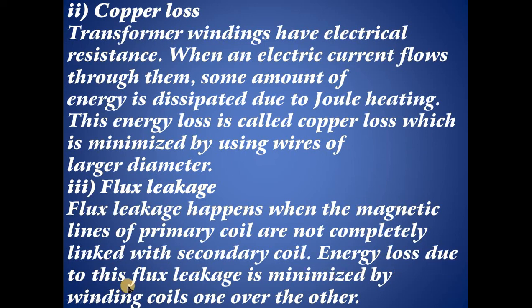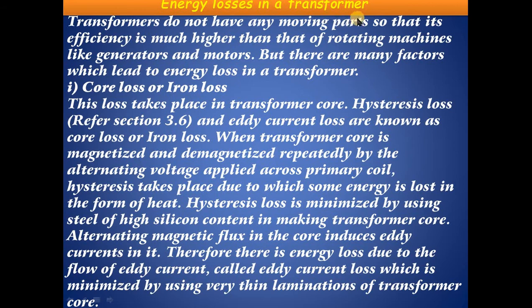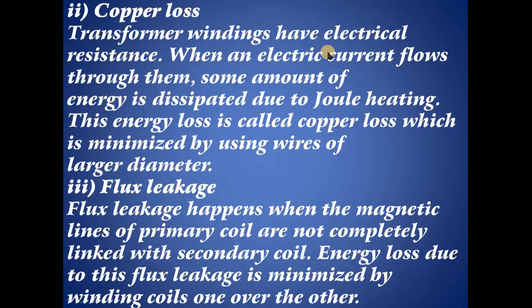Energy loss due to this flux leakage is minimized by, note it down children, a very important point, winding coils one over the other. So these are all the important points on the energy losses in a transformer.